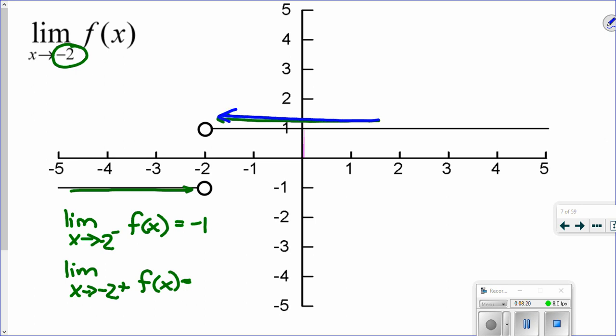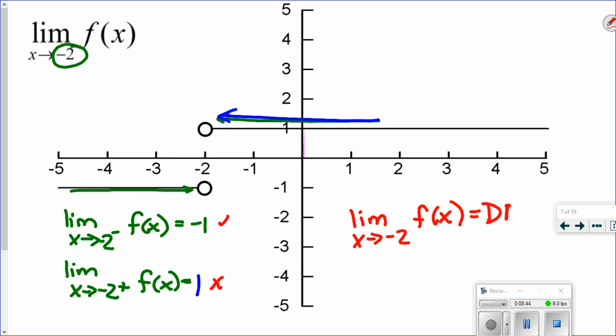The y value is positive 1 this time. Uh-oh. So on the left-hand side it's negative 1, and on the right-hand side it's positive 1. They're not the same. So since they're not the same, the limit as x approaches negative 2 does not exist.